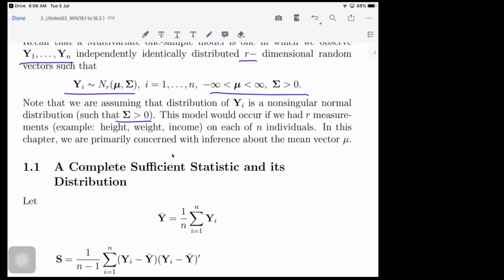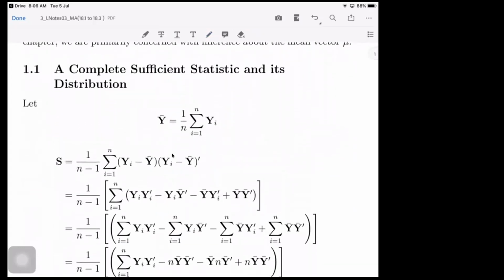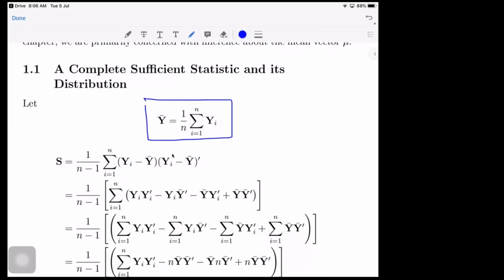So some characteristic of an estimator that we had is your sample mean denoted by y bar, which is computed as 1 over n times the summation of the yi's. Each of the yi's here are normally distributed with a mean mu and a sigma covariance matrix.